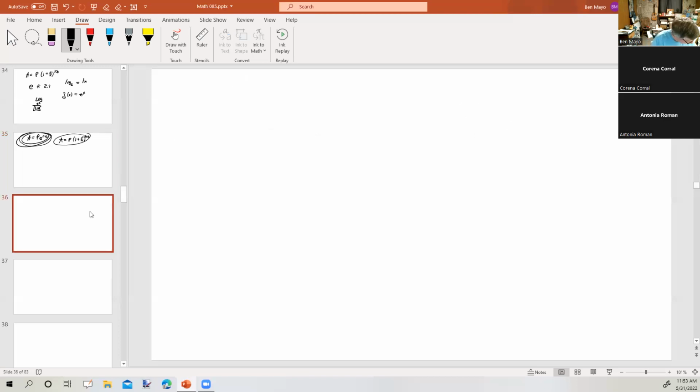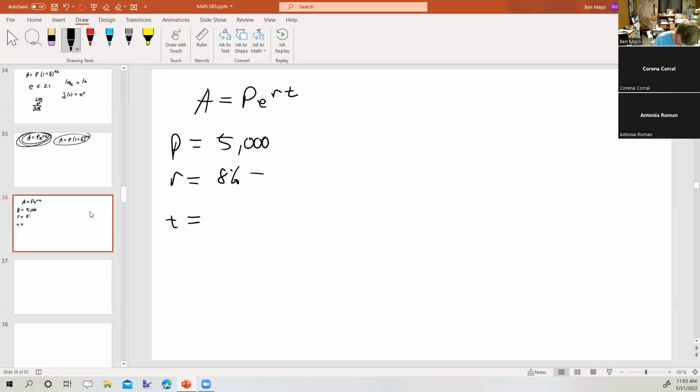So now it says the following: find A using the formula A equals P times e to the rt power, given the following values of P, r, and t. Round to the nearest hundredth. All right, let's say that P is 5,000, r is 8%, which we will convert into a decimal, and t is 20 years.